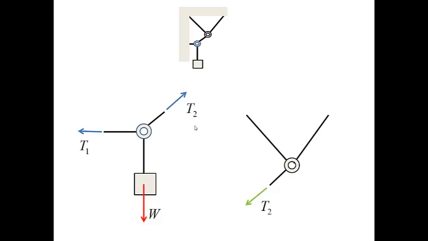What this means is that the parts of the cable where it was cut satisfy the third law, which means that the force T2 acting here is equal and opposite to the force T2 acting here, right?